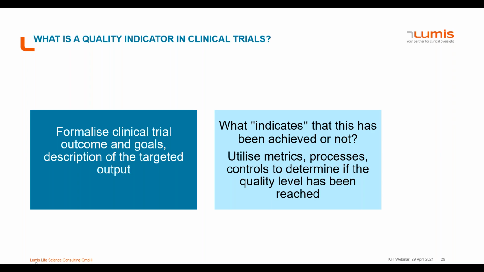This can be done through metrics, processes, controls, and we've seen this through the two previous presentations. All of these rolled up together are useful in order to determine if our targeted quality level has been reached. Next slide, please.